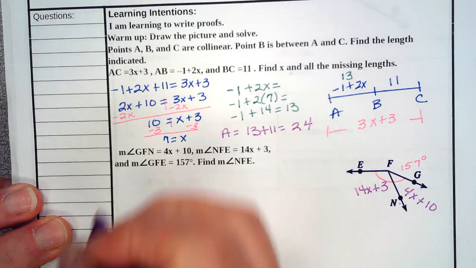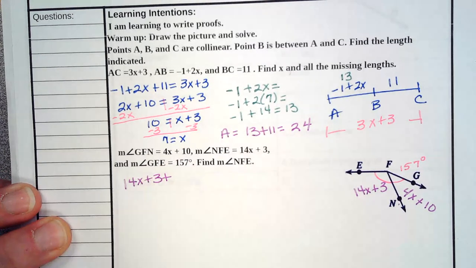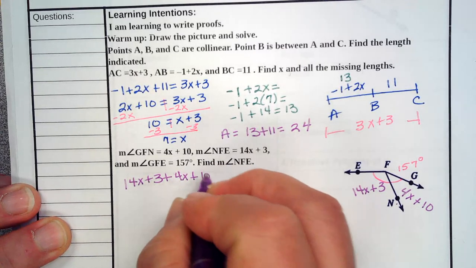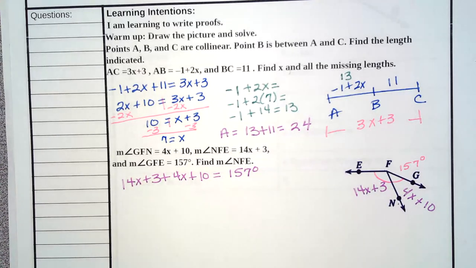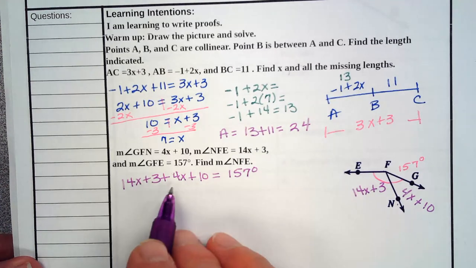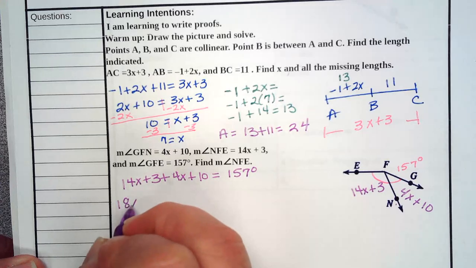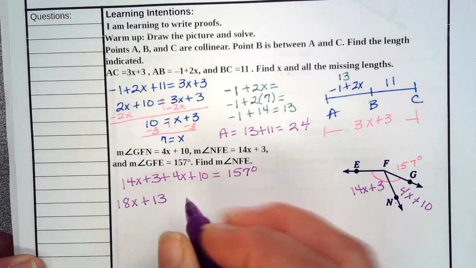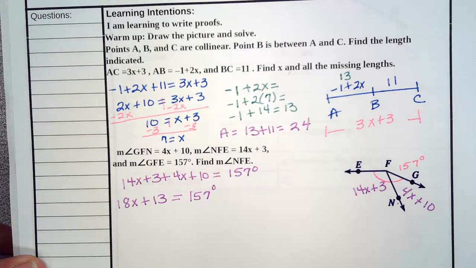14x plus 3 plus 4x plus 10 is equal to 157 degrees. Combine your like terms. 14x plus 4x is 18x. 3 plus 10 is 13, is equal to 157 degrees.